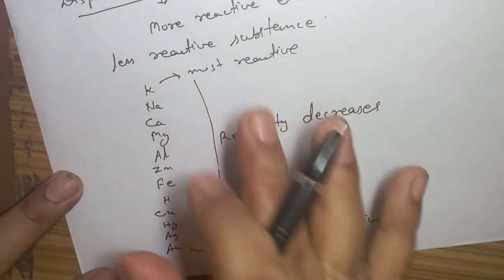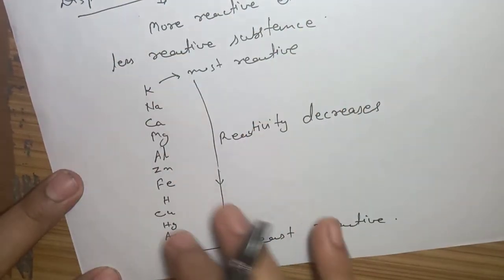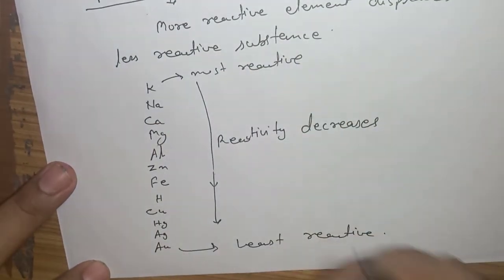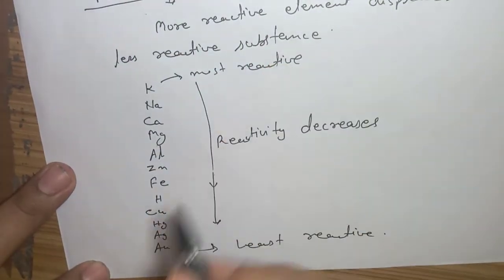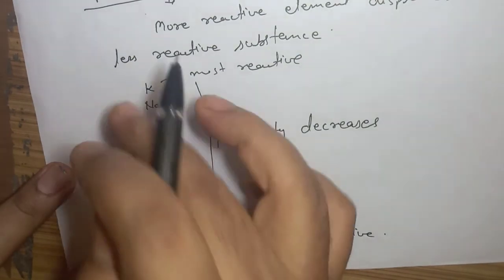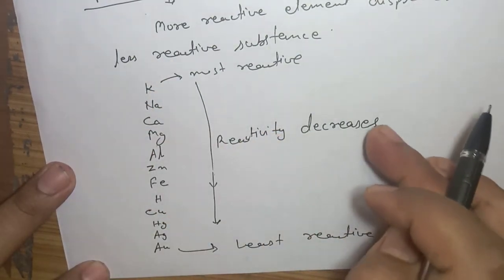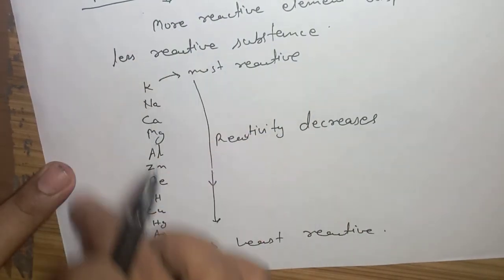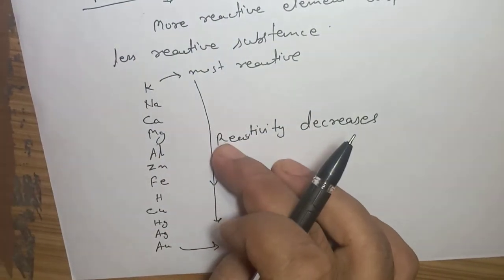This is very important to remember. Then only can we understand the displacement reaction, because we should know which element can displace which in a reaction. So for that, this reactivity series is very important.